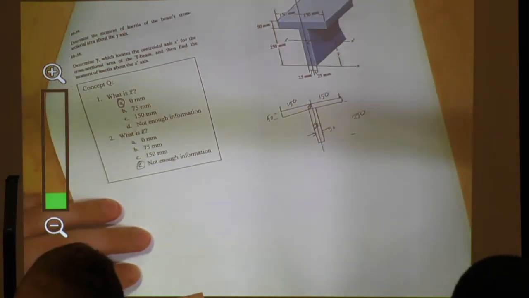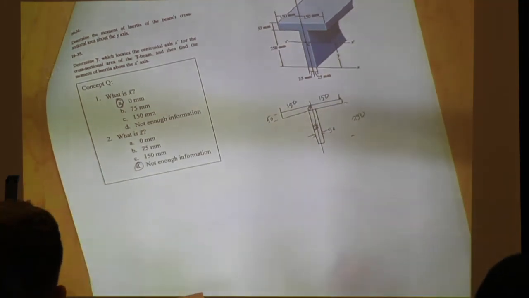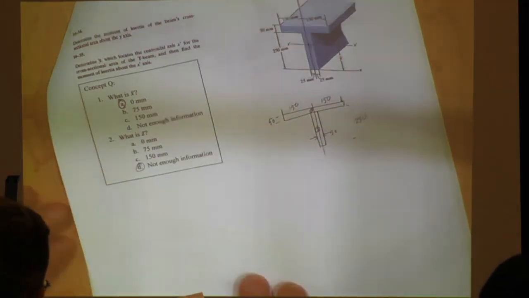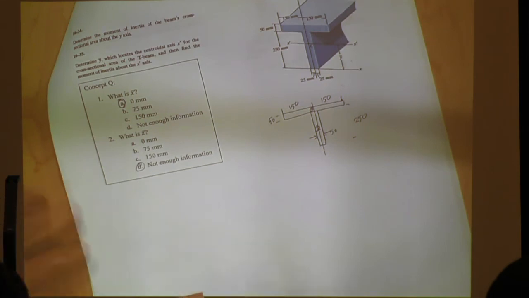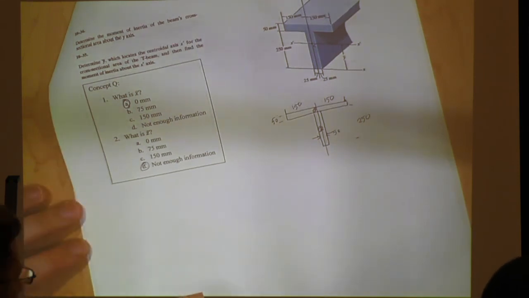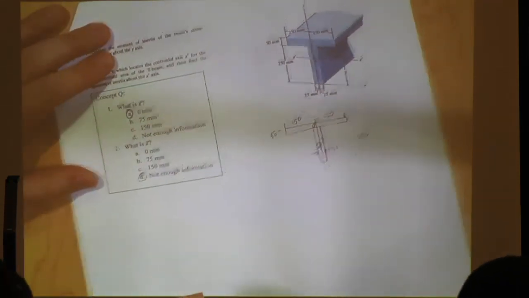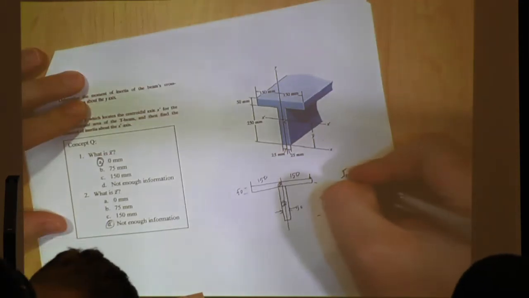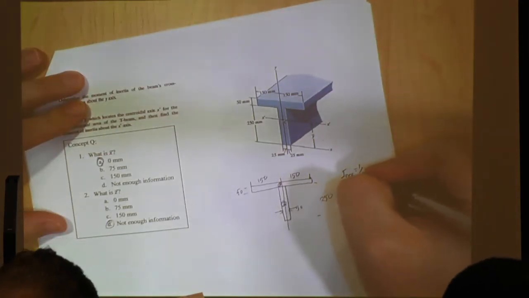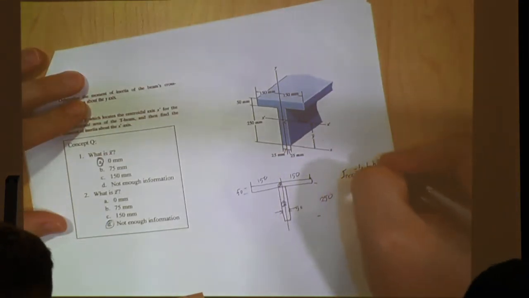Now it's a new formula for you. Yeah, it's going to be in your charts. But in later courses, it's going to be beaten into your head so much that you're going to memorize it. So, yeah, it's 1 over 12. I for a rectangle equals 1 over 12 base times height cubed.